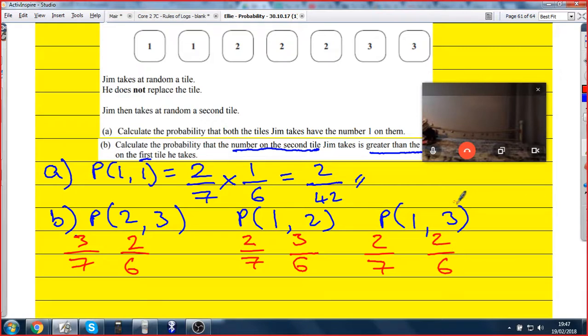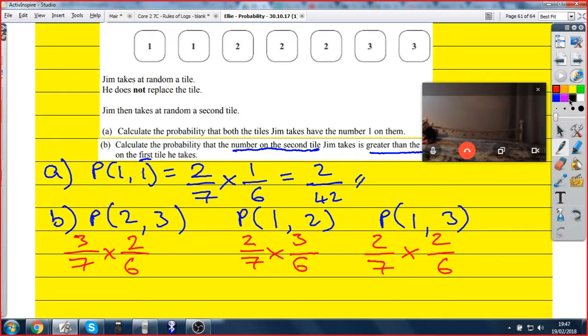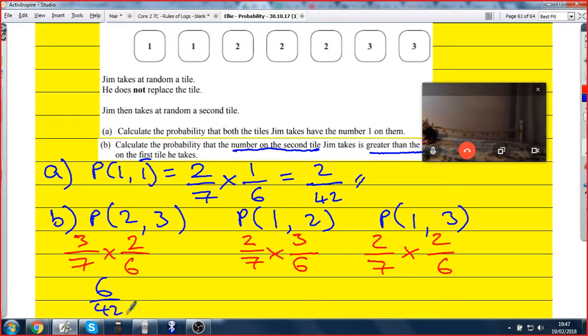Okay. What's next? And then do times them all. Yeah. So you get 6 over 42, 6 over 42, and 4 over 42. And so, what's the final answer? 16 over 42. That's it.